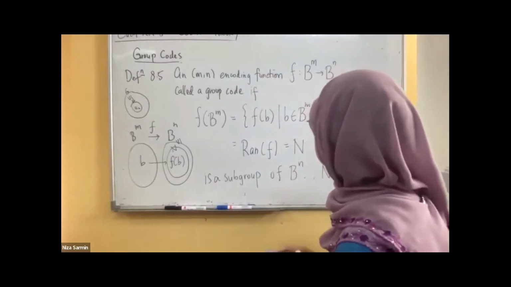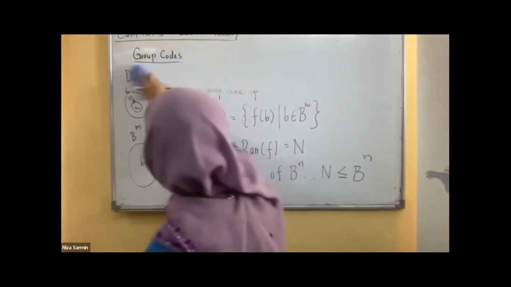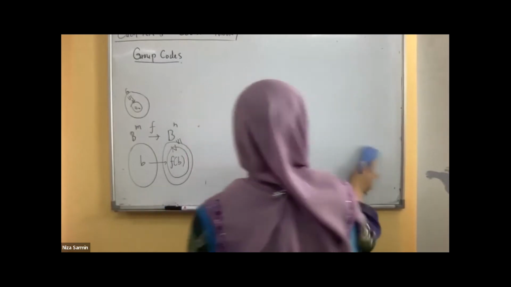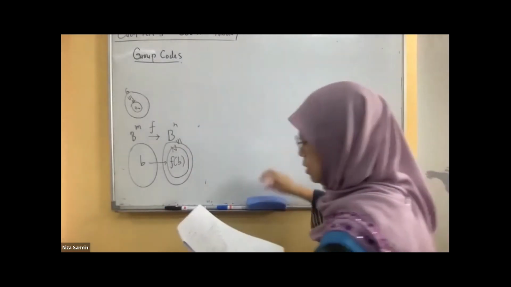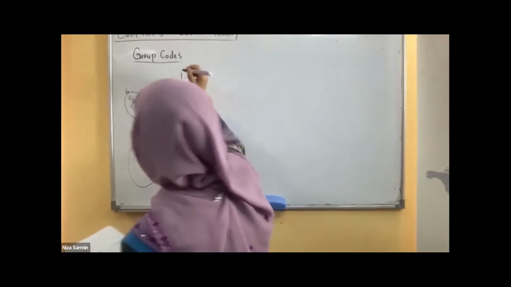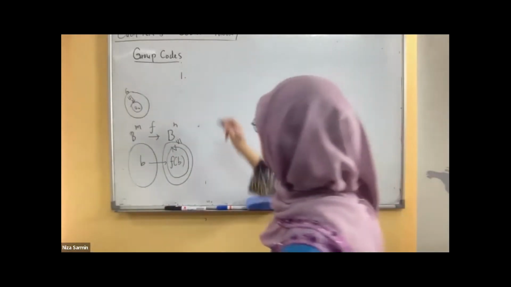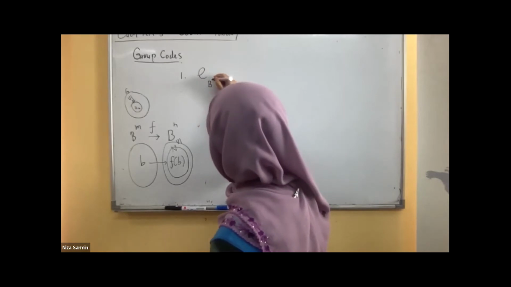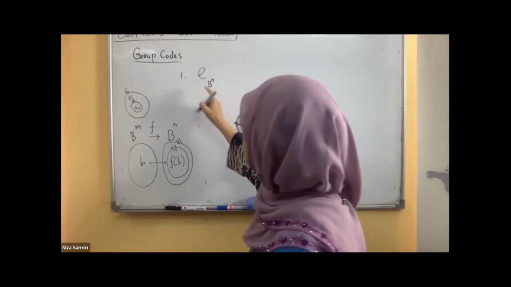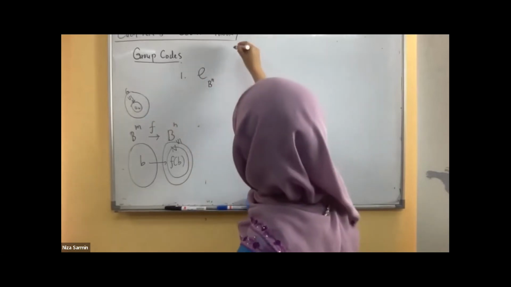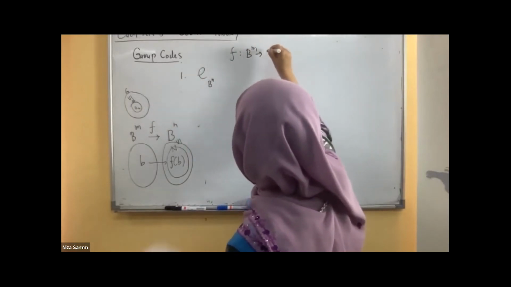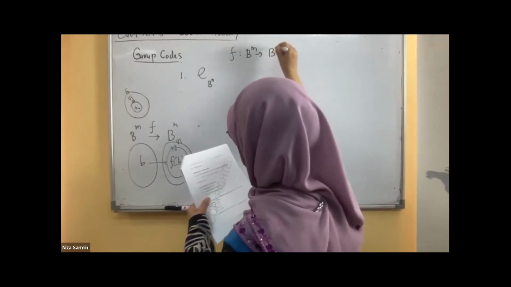Let me put that down. Remember this. The first one, the identity of Bn, this is the EG, from Bm to Bn.